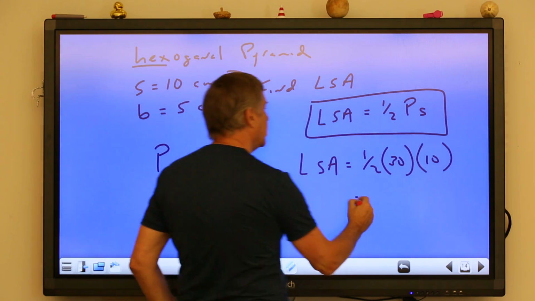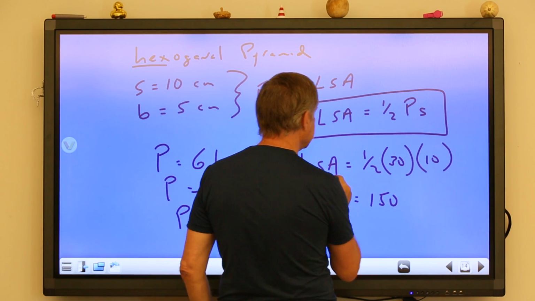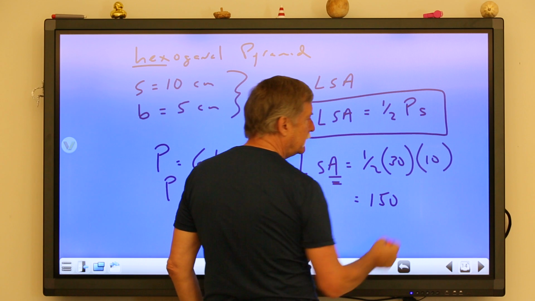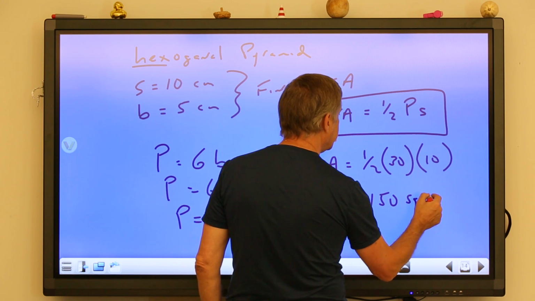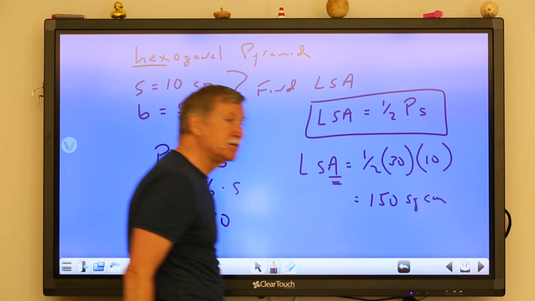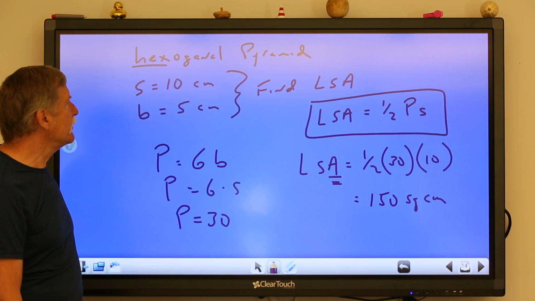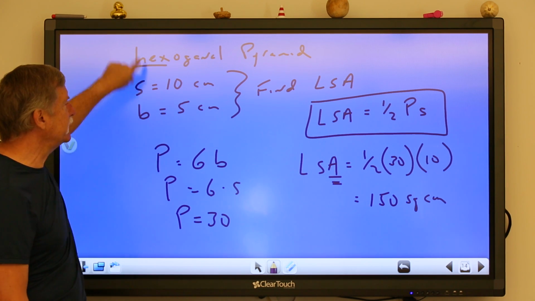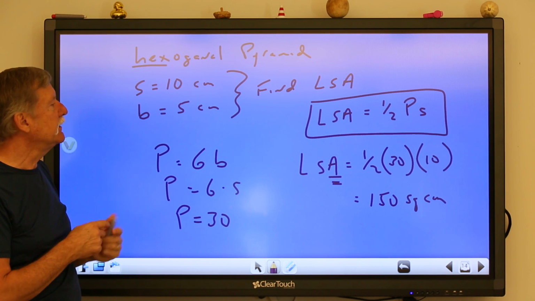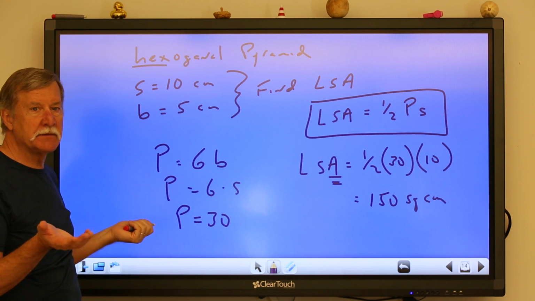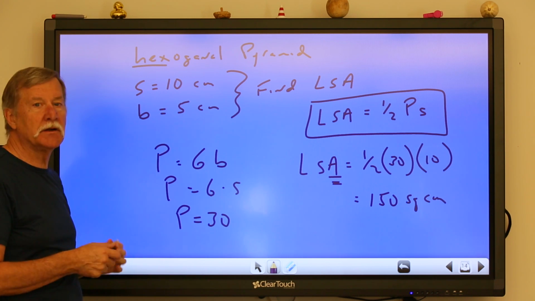Any way you look at it, you get 150. And since it's area, we're talking square units. And the units, they tell us, are centimeters. So the lateral surface area around that hexagonal pyramid is 150 square centimeters, using this formula.